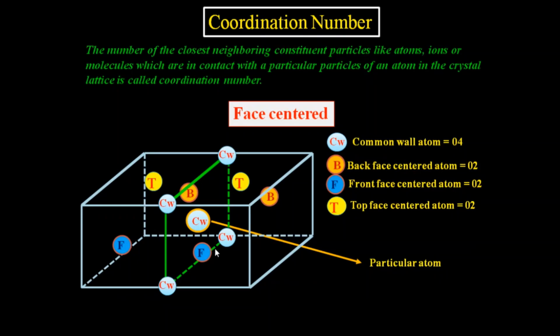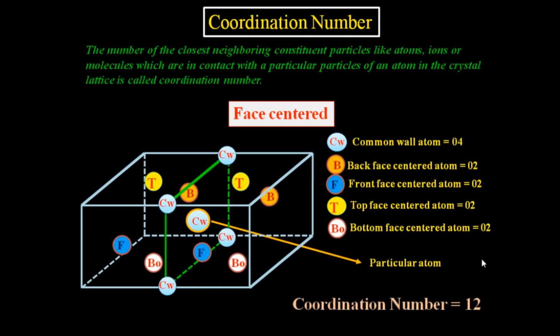The number becomes 2. And again, 2 are present in the center of the lower face of both unit cells. And if you count this number, it becomes 12. So, in the face-centered cubic structure, the coordination number of each sphere is 12.